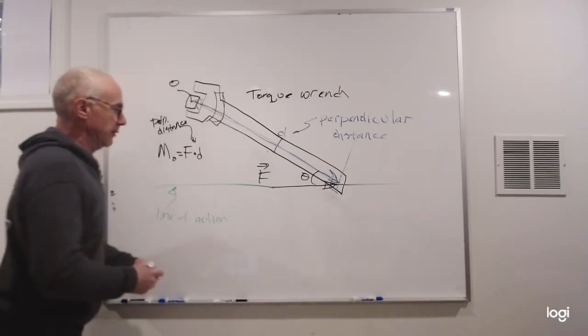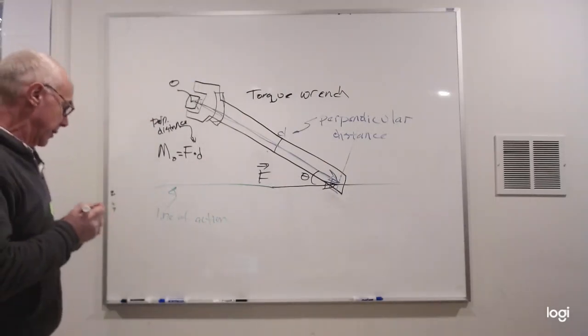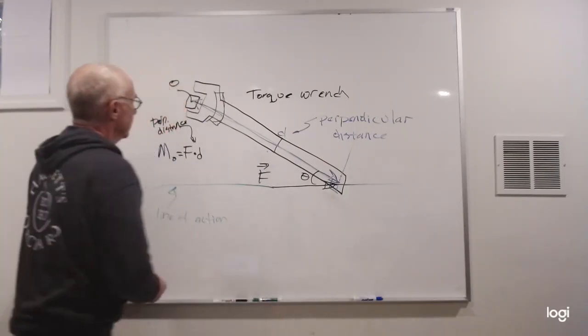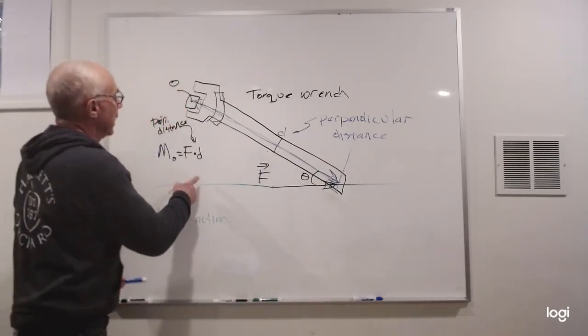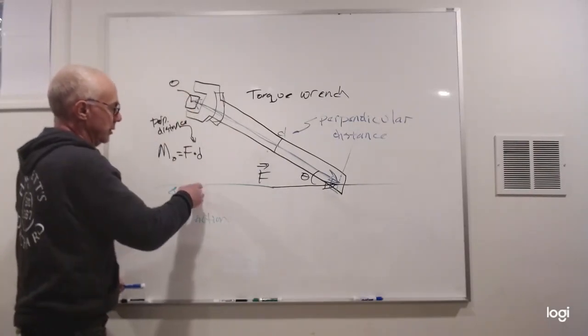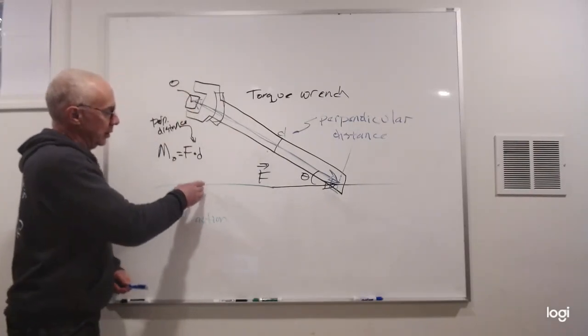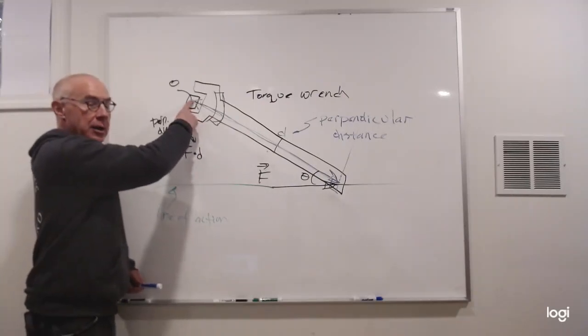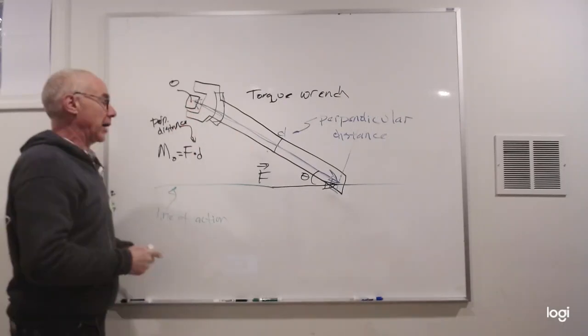Okay, so where do we evaluate the perpendicular distance? We're going to find a perpendicular line to our line of action that intersects the point where we're evaluating the moment.